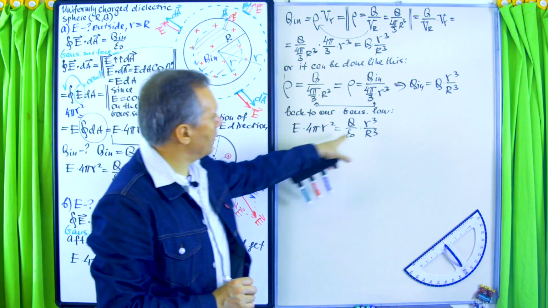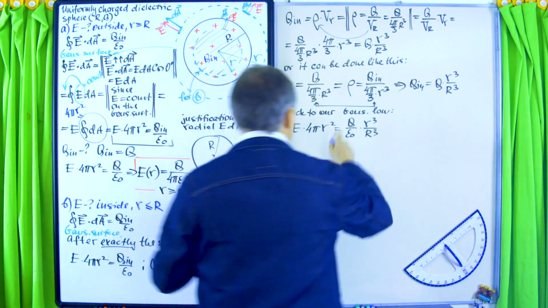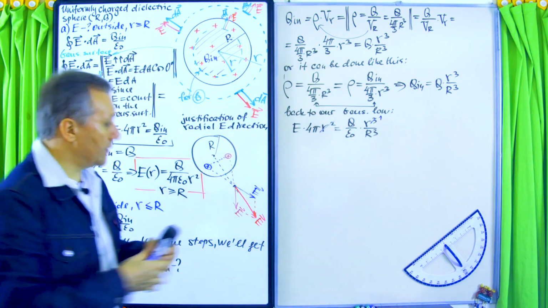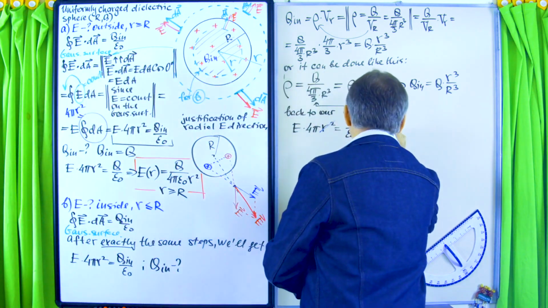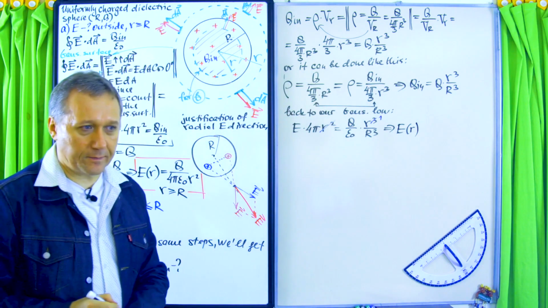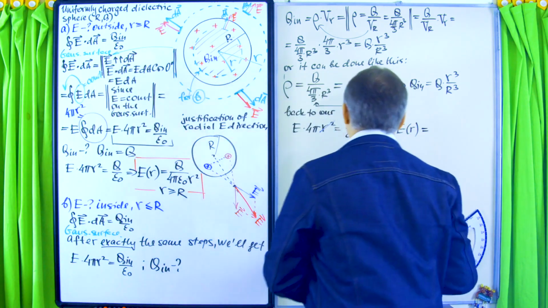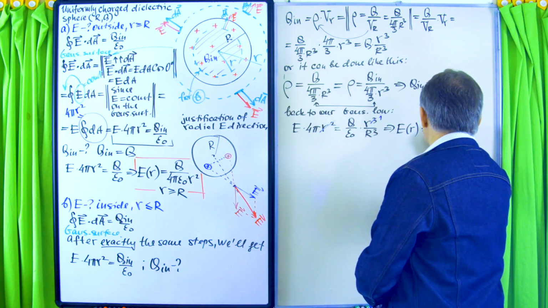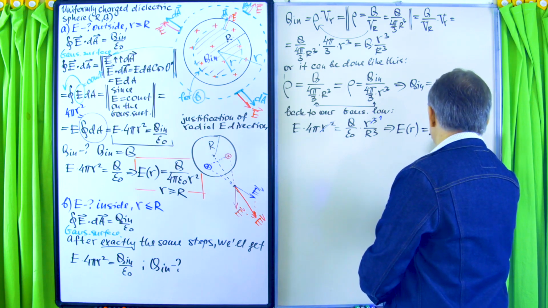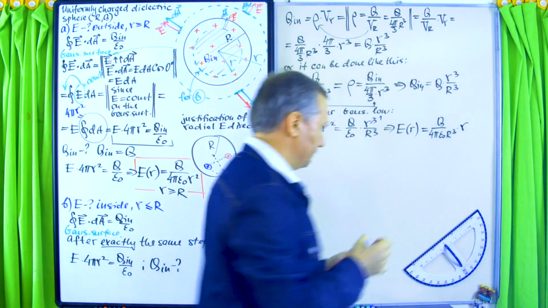So r to the power of 2 over here and r to the power of 3 over there can be canceled, right? So this r goes over here, and we'll get just one r. Now we just need to solve for E, and I will write E as a function of r. Let me first write all the constants: Q divided by 4 pi epsilon naught R capital to the power of 3, times r.